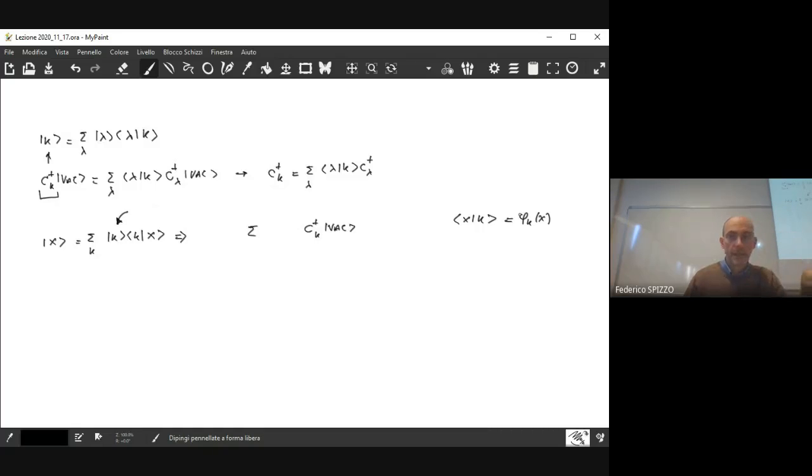The result of that application is the value of the wave function over that specific position. So here you have the opposite. You have not the scalar product xk, but you have kx. So you have here the complex conjugated of the wave function. So this is phi k of x conjugated.